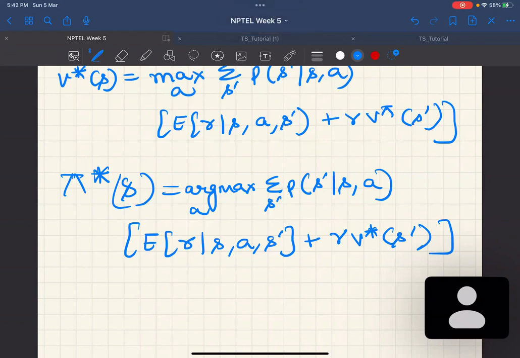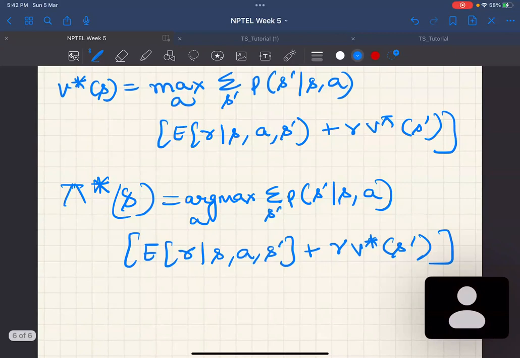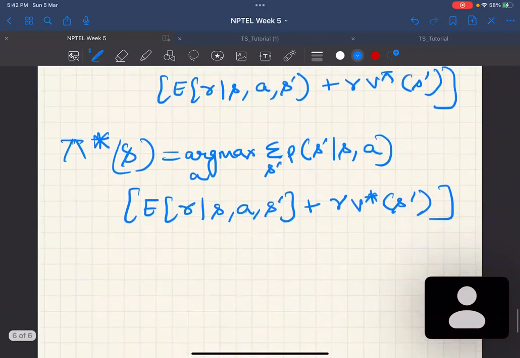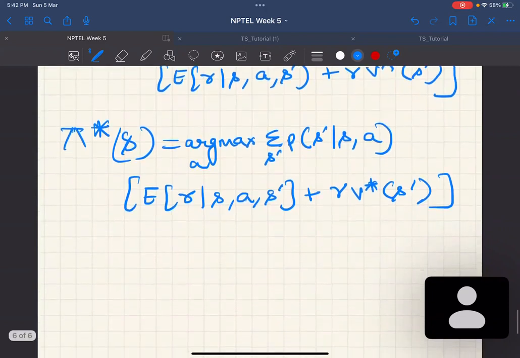Argmax A, summation of probability of S dash given S, A, into expected reward given S, A, S dash, plus gamma V star of S dash. Only what I'm replacing is, if I'm taking the optimal value here, then I'll get the optimal policy over all A's. What this policy means, I get the maximum over actions.